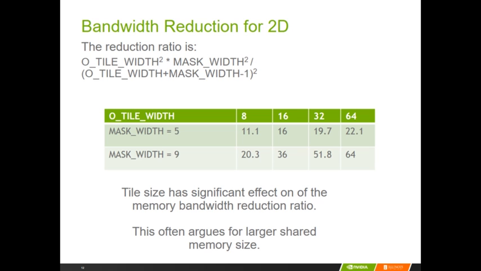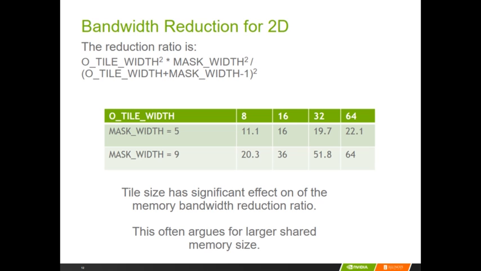So for the output tile width of 8 through 64, we see that for the mask width of 5, the reduction ratio would increase from 11.1 to 22.1.